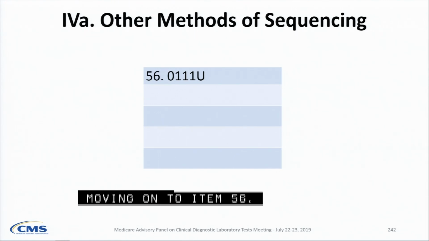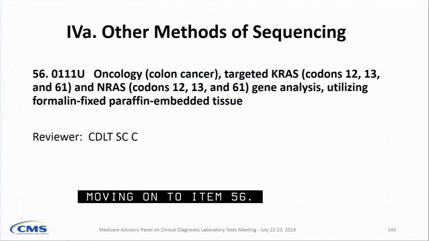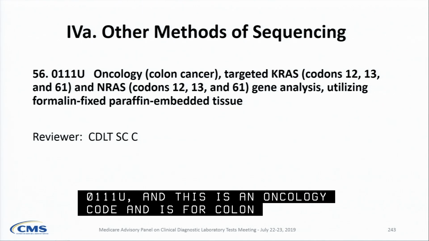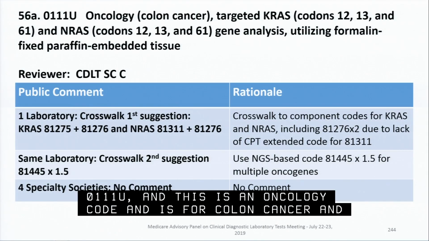So 56 is 0111U. And this is an oncology code, and it's for colon cancer, and it was reviewed by Subcommittee C, so I'm going to turn this over to Dr. Clark. Okay.